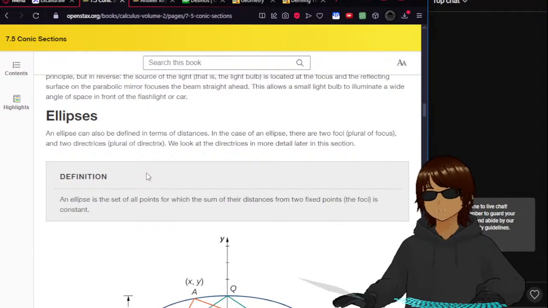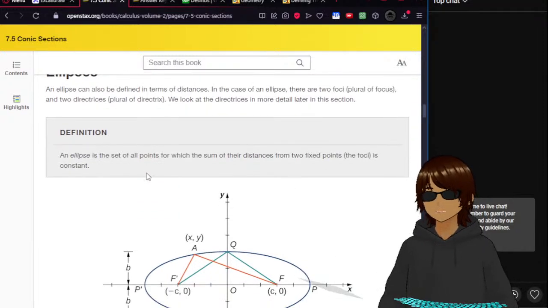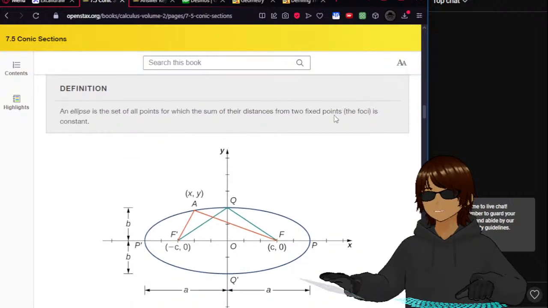An ellipse is a set of all points for which the sum of their distances from two fixed points, the foci, is constant.